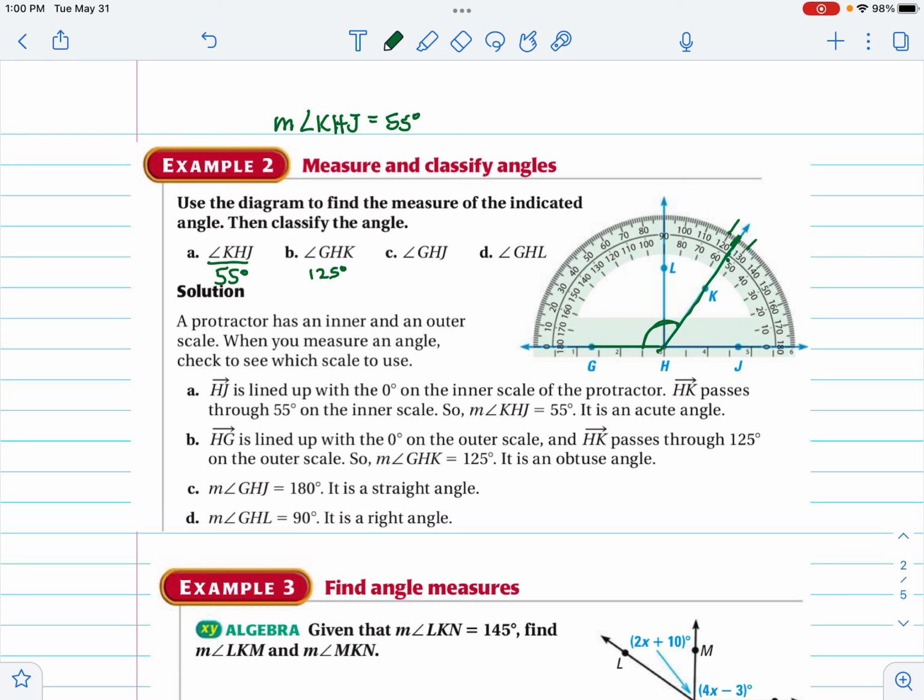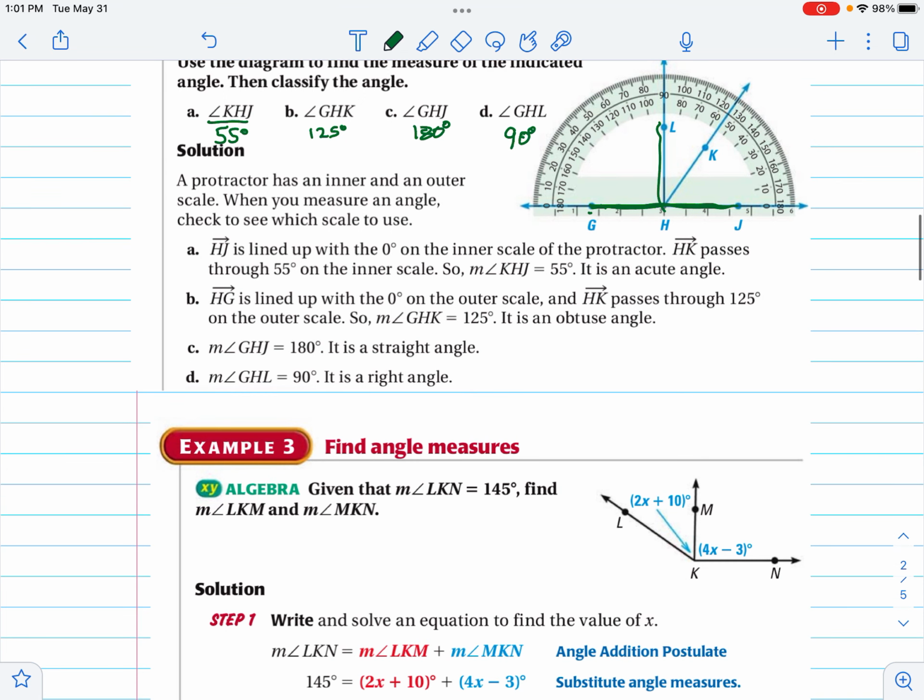It's just how we're oriented there. Now let's look at GHJ. That's 180 degrees. That's just straight. Now GHL, straight up, 90 degrees. So that's how we can measure these.